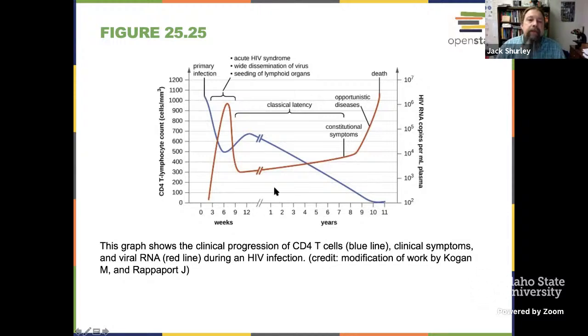So as we start with this figure, with the primary infection, as this first happens, we can see we've got high levels of T helper cells, the CD4 cells. We've got a low level of detectable RNA copies. At time zero, this point right on here is the initial exposure or infection.